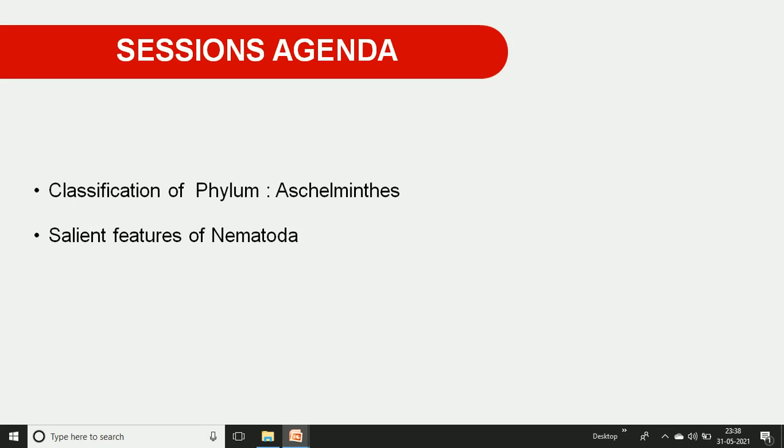Therefore we go into detail about the salient features or characters of the class Nematoda. These two parts we discuss in today's session.